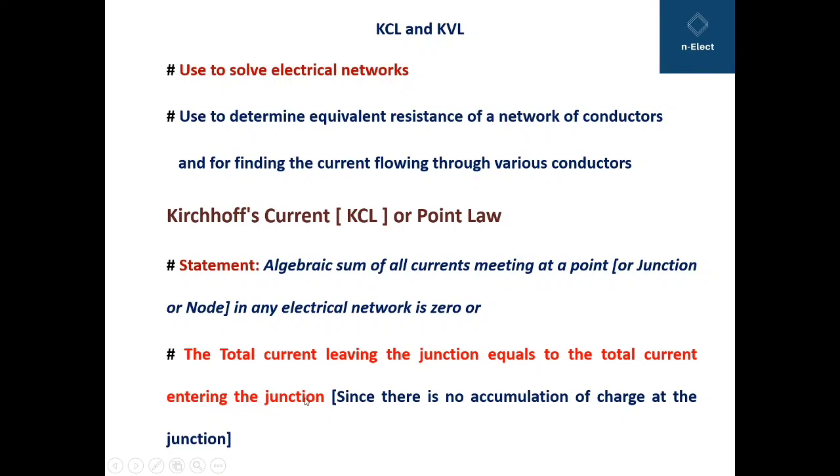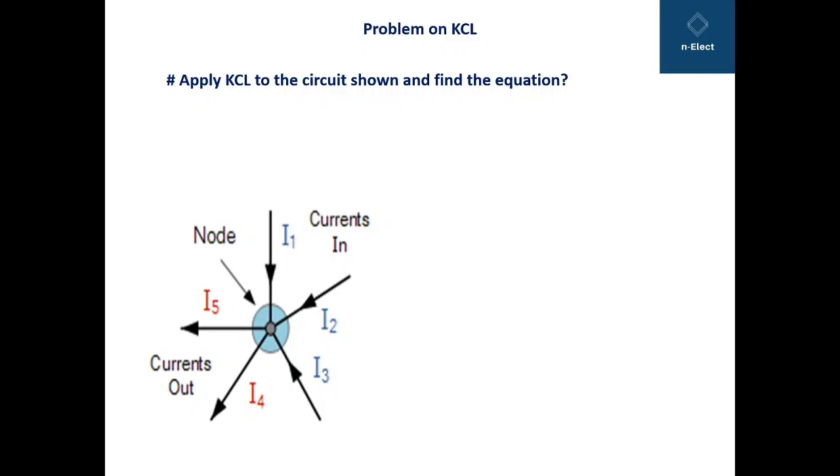This is because there is no accumulation of charge at the junction. These statements are very important as far as KCL is concerned. Through a problem it will be clear.